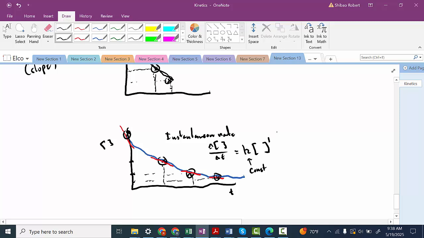And therefore, this is why we call it first order. It's dependent on the concentration to the first order. That is, if we cut the concentration in half, then the rate gets cut in half.